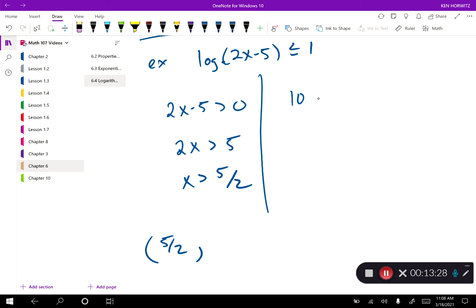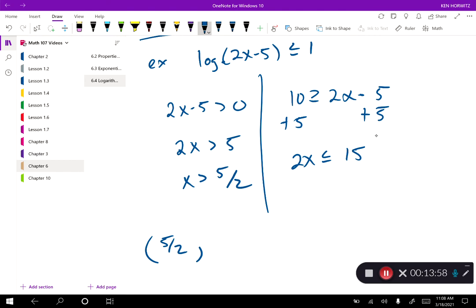Actually, you know what? I have this reversed. It's 2x minus 5 is less than or equal to my answer, which is my base to my exponent. So now I'm going to add 5 to both sides, and I get 2x. I'm just going to reverse it, less than or equal to 15, so it's more aesthetically pleasing for me.